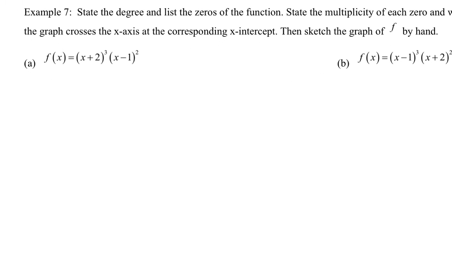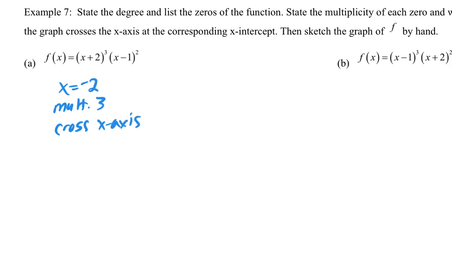So I'm going to identify each of these zeros and then their multiplicities, right? If x plus 2 to the 3rd power, that means I have a 0 at x equals negative 2. The multiplicity of that is 3, because it's to the 3rd power. If the multiplicity is odd, then I'm going to cross the x-axis at that 0.